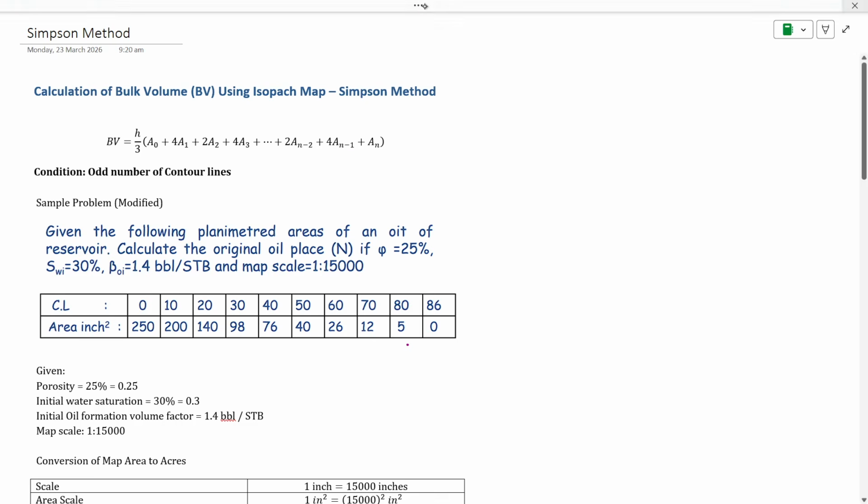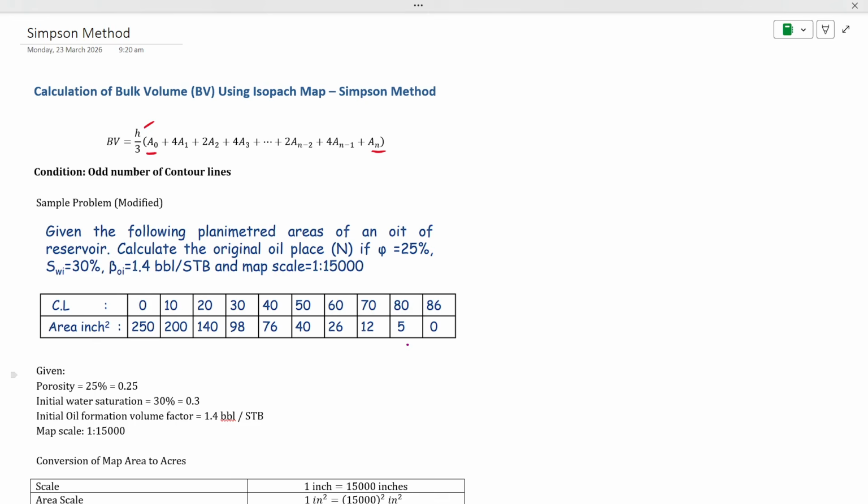So let us first define the parameters. We have h here, this is the thickness, and A sub 0 and A sub n are the first and last areas respectively. As you can see, those parameters don't have coefficients.